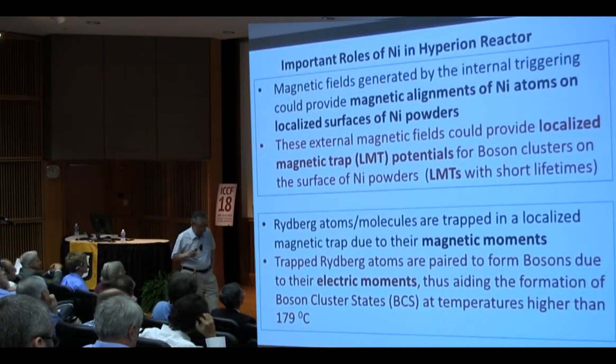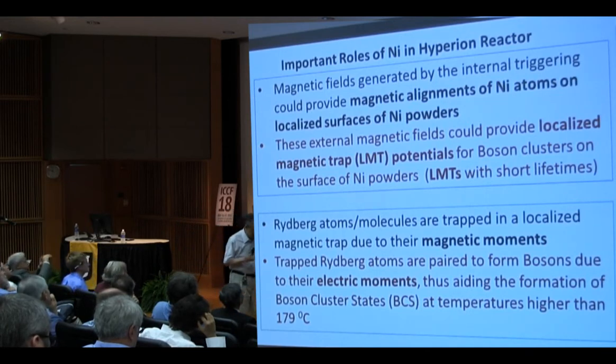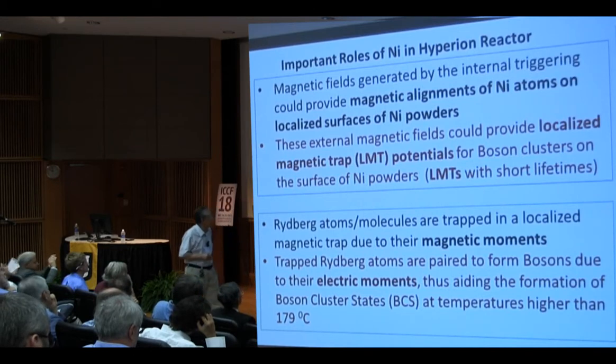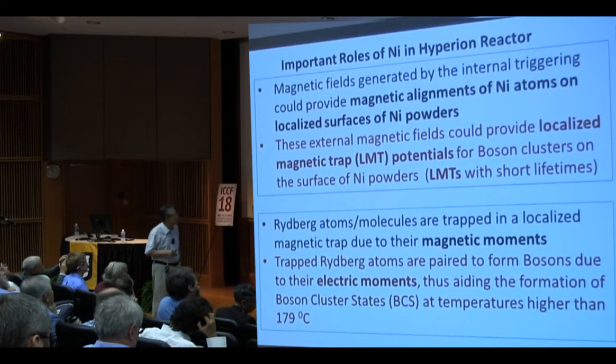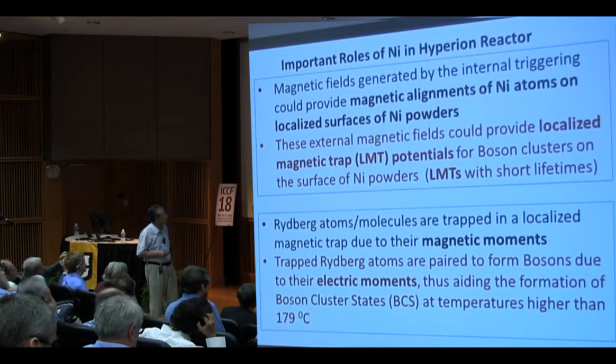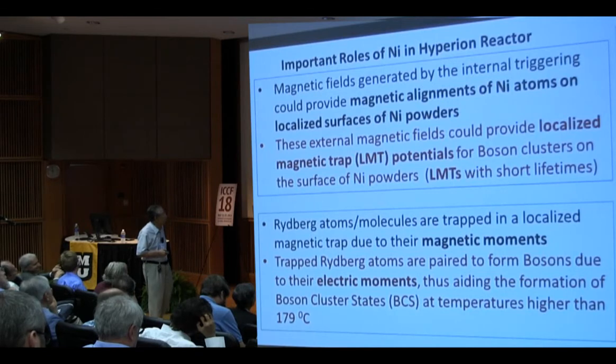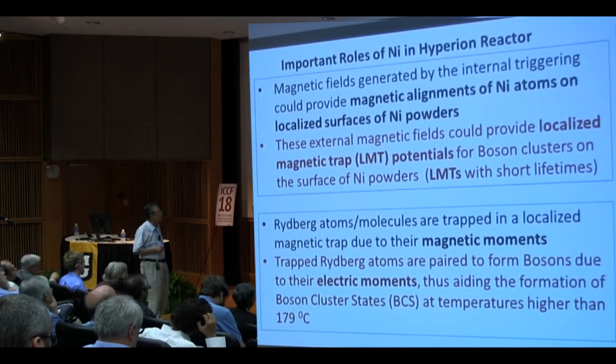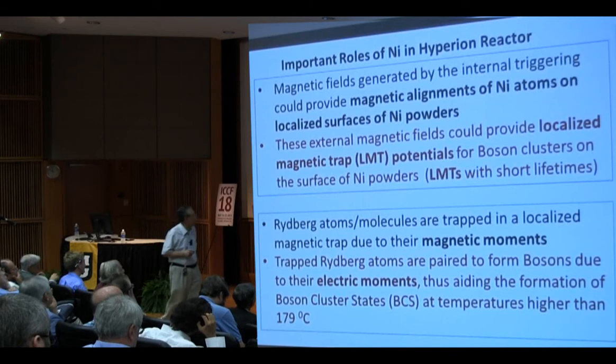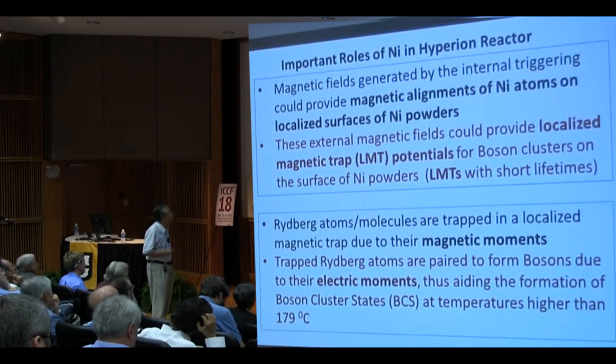Remember, even before the reaction starts, when you trigger with current, you create a 0.6 Tesla magnetic field, so that even though the temperature is above the Curie temperature, nickel can align along the magnetic field and create a local magnetic field. So that's the importance of nickel's role in all of this process.